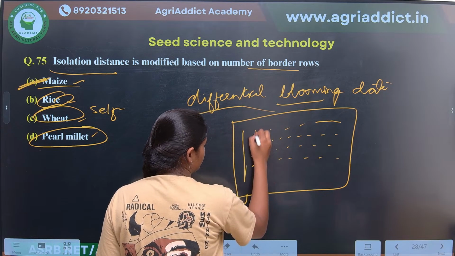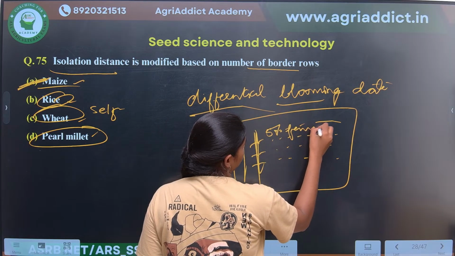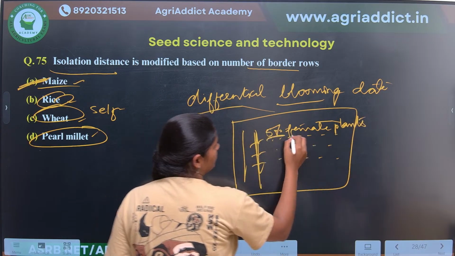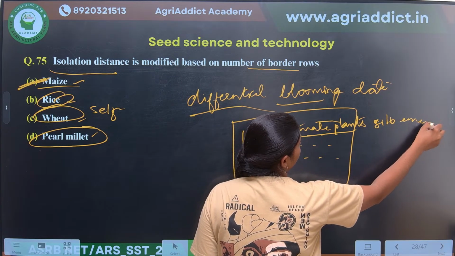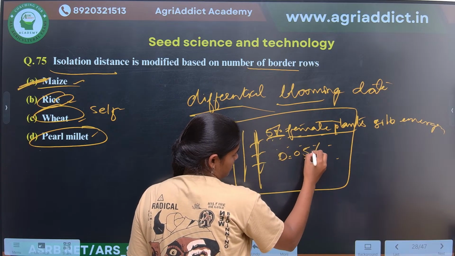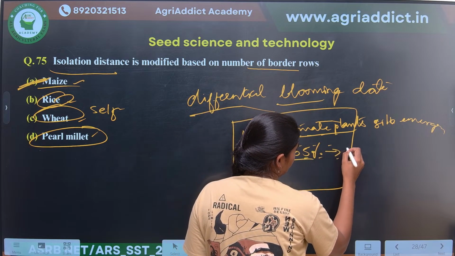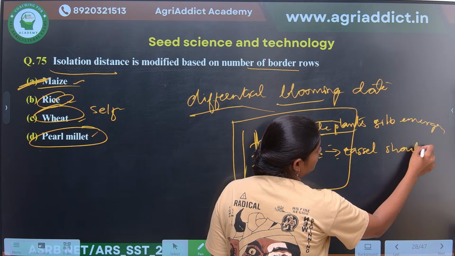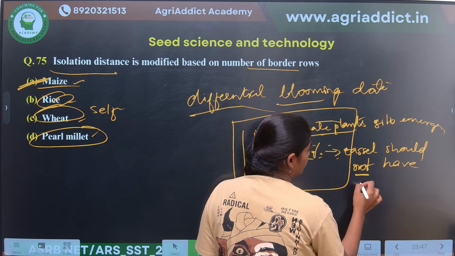In your plants, when 5% of the female plants have silk emergence, at the same time 0.05% of the tassels should not have shed the pollen.